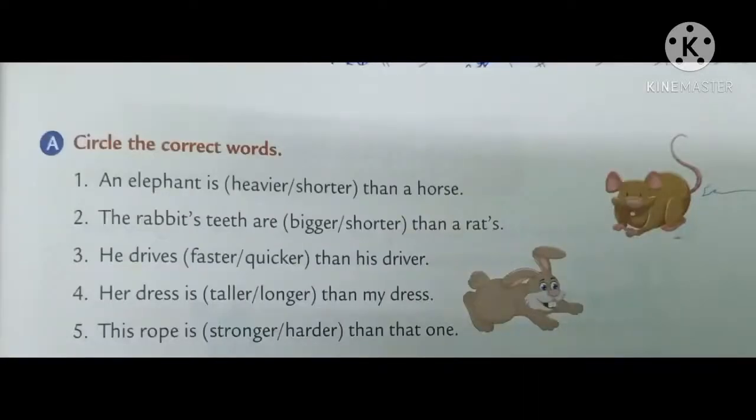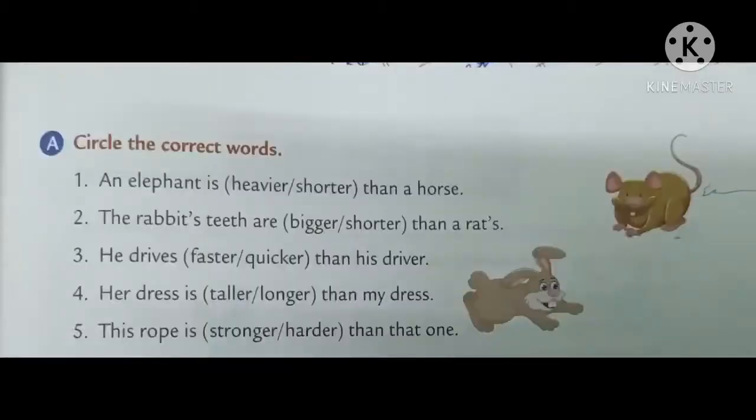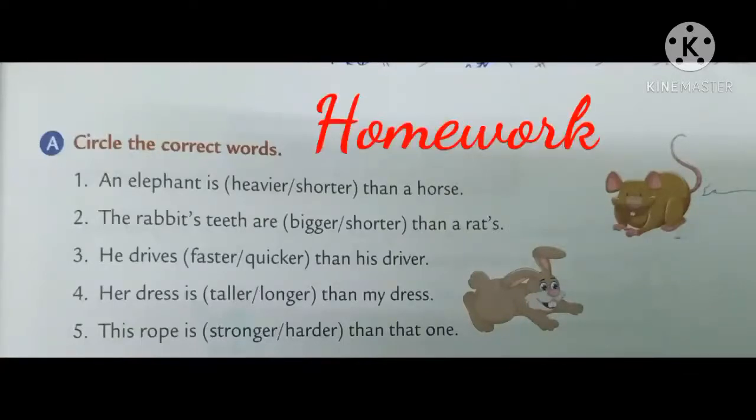The second one, the rabbit's teeth are bigger or shorter than a rat's. So you have to look over the sentence. What will you say? Bigger, isn't it? So you will circle bigger. So the answer is the rabbit's teeth are bigger than a rat's. So children, the rest of the questions are the homework given to you. So do it on your own.